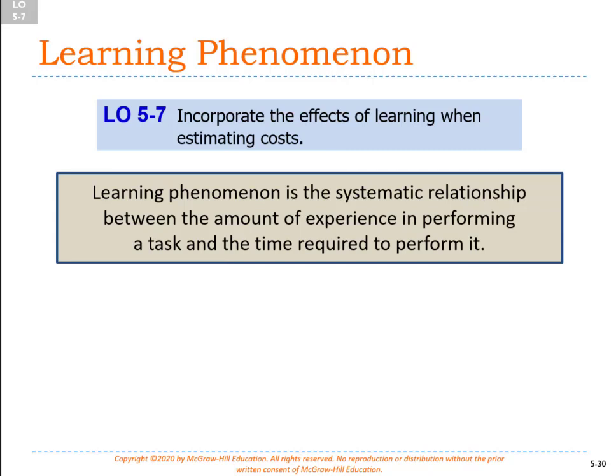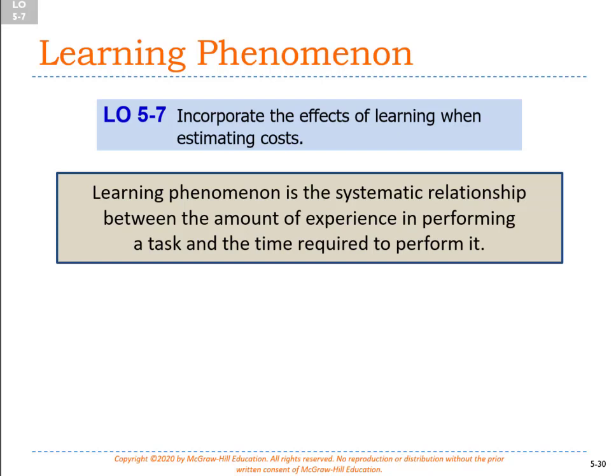All right, just a little bit about effects of learning. When you start learning something new, it takes you longer to do it. And then as you get better, as you learn more, you can do it faster. So that's going to impact your costs.